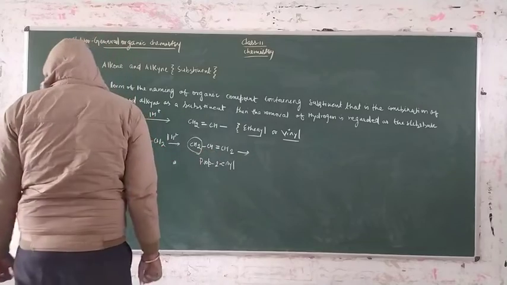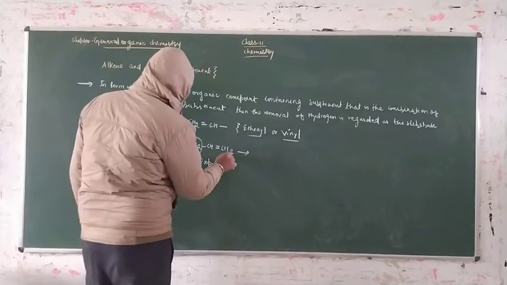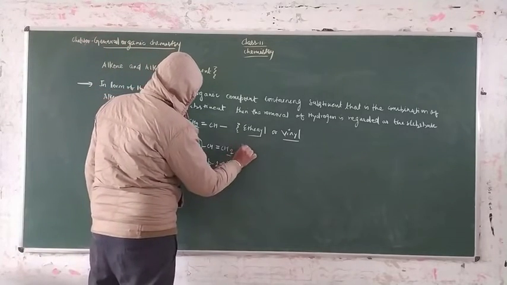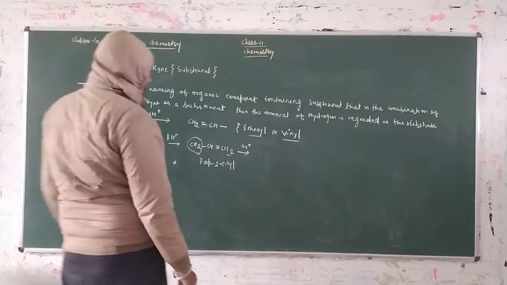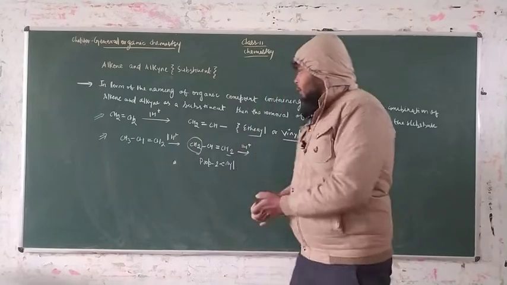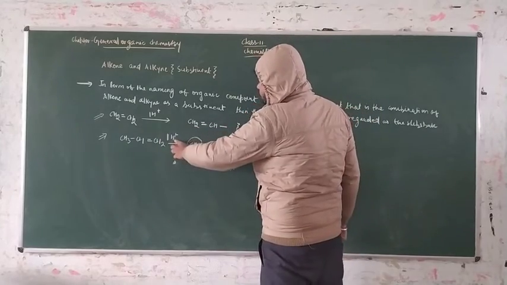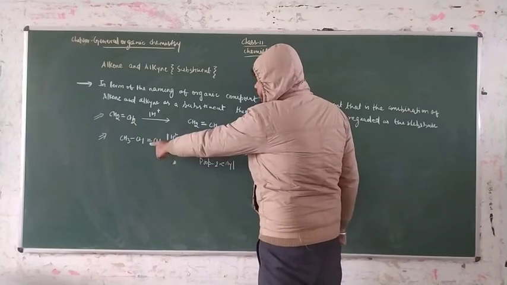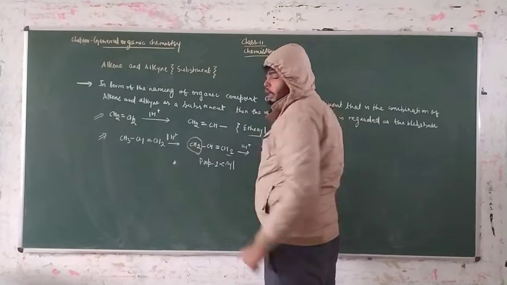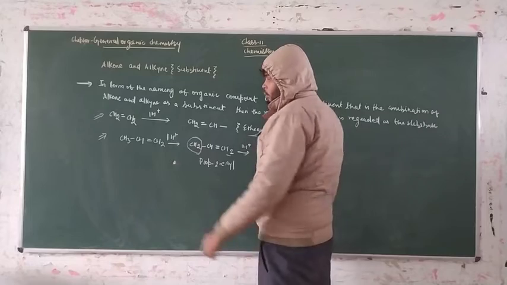When the numbering is represented like this and hydrogen is removed, again we have to remove one hydrogen from the formation. We remove this hydrogen from the first carbon atom. You have the priority of this double bond as the functional attachment, that is 1.